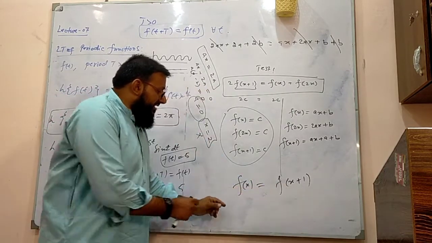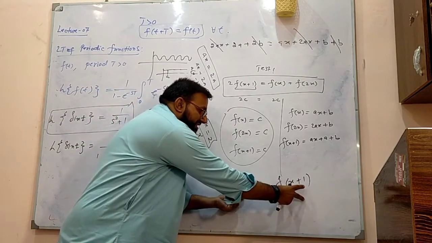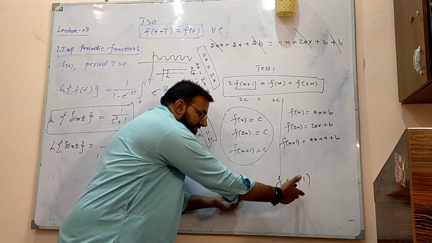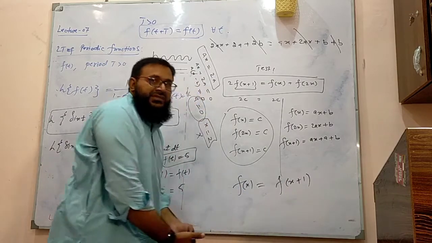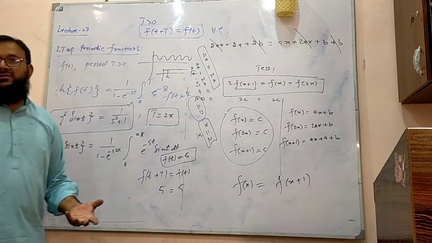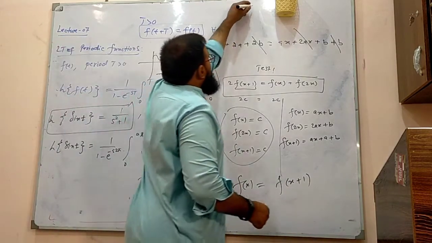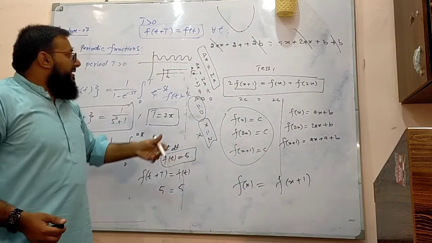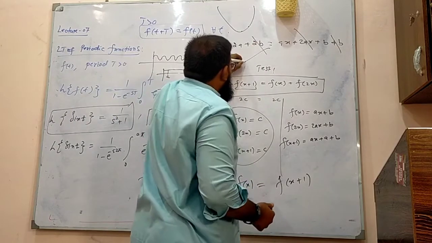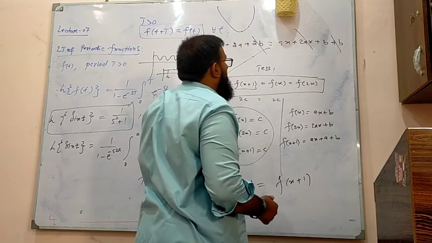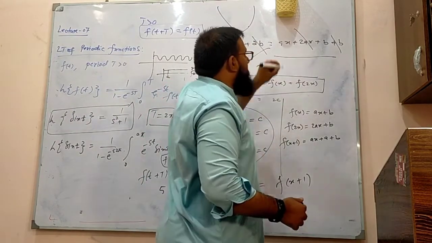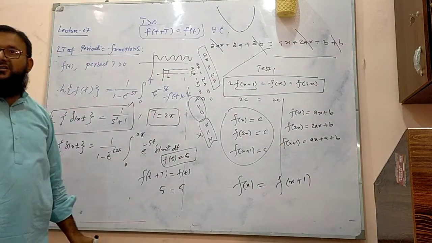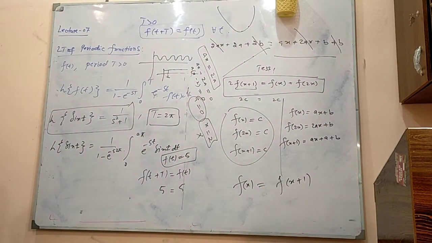You have f of x, you translate it 1 unit to the right or left, the values are still the same, that must be a constant. It cannot be a parabola. You have a line, you have the same value here and here, it's not possible unless the line is horizontal, a constant function.